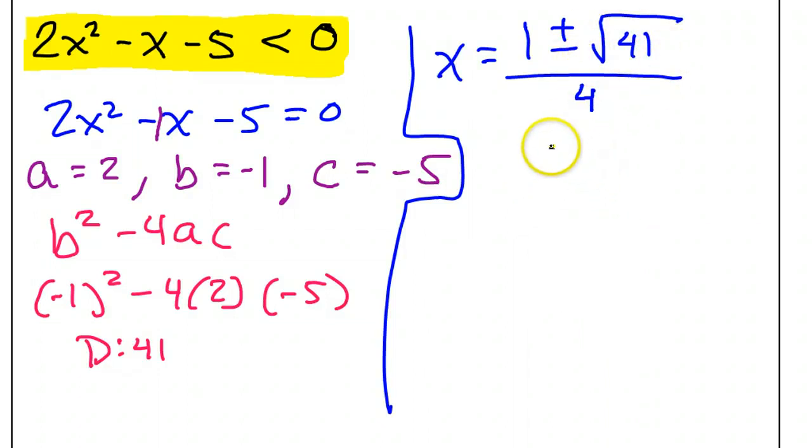But what we can do is turn this into a decimal, actually 2 decimals. So let's put this in the calculator, but let's do it once with a plus, 1 plus radical 41, and then we'll do it once with a minus.